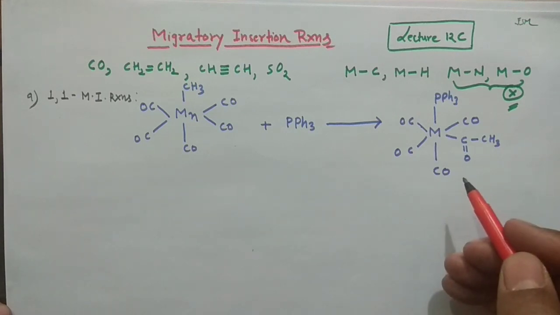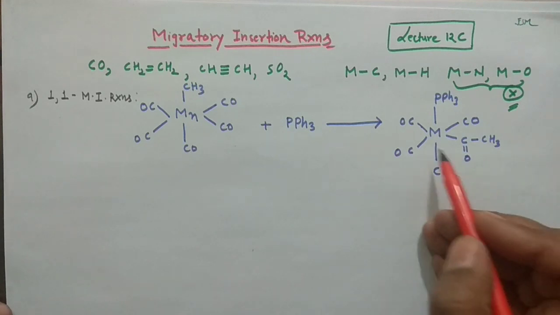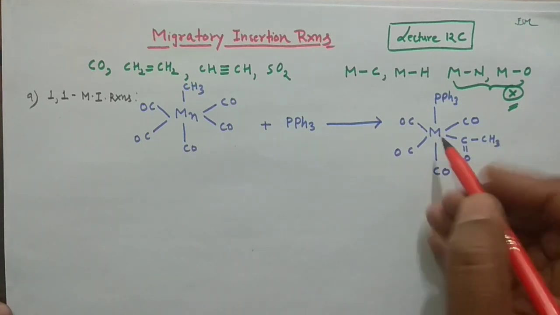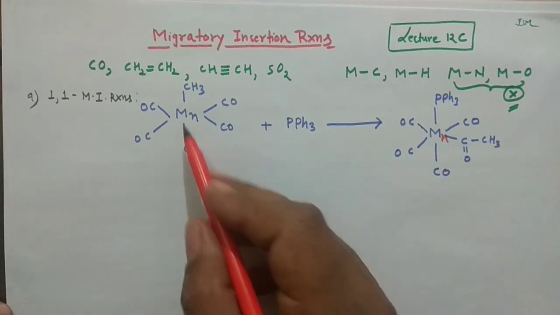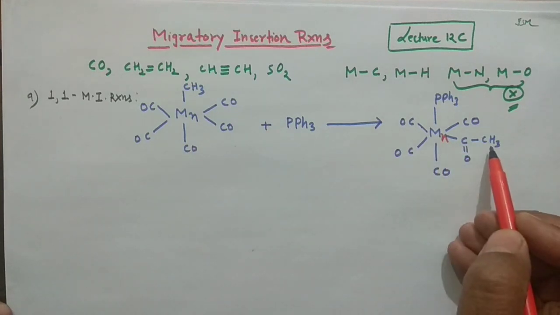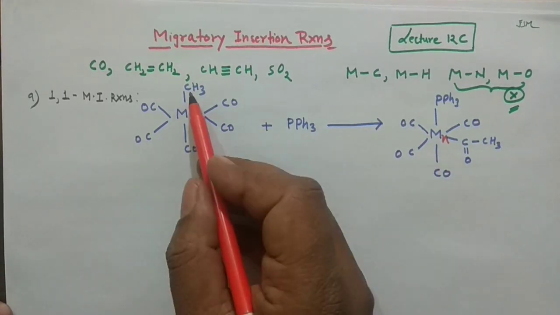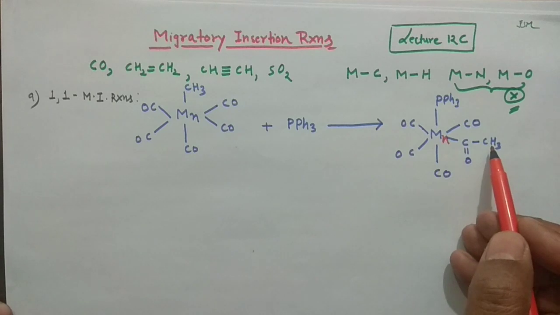See, what happens in the 1,1 migratory insertion reactions, the metal, say this is your metal, sorry, it should be manganese. Okay, this is manganese, this should also be manganese, the metal and the migrated ligand. So this is the manganese, and this CH3 is the migrated ligand which has migrated from this position to this position.